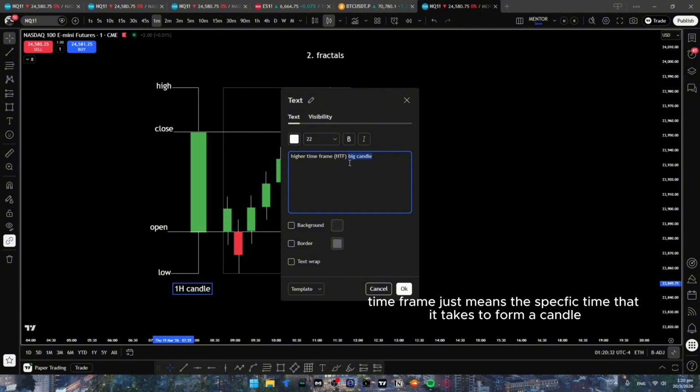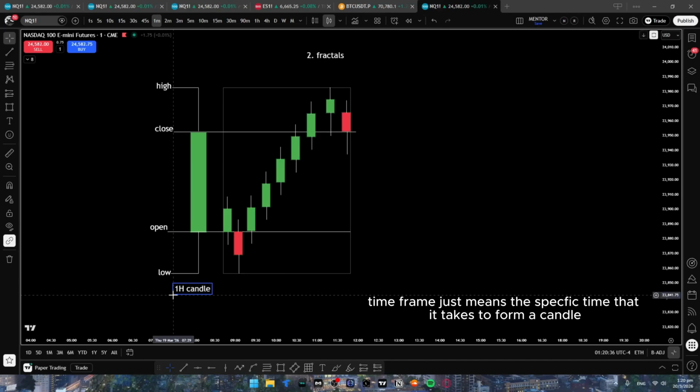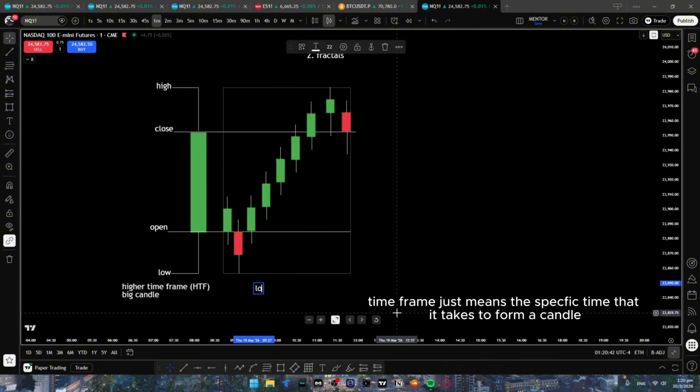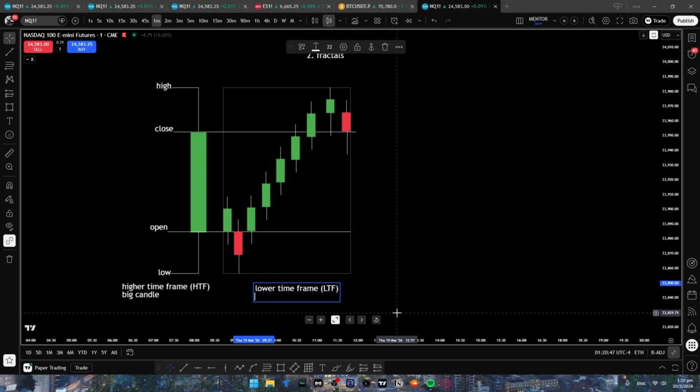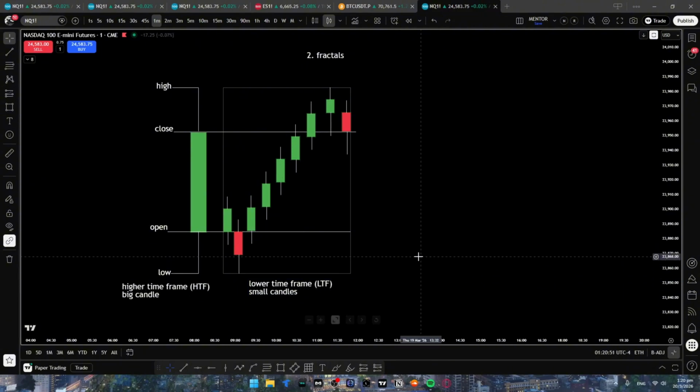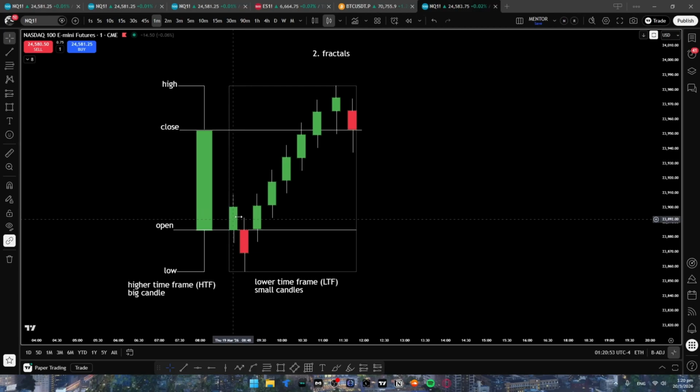If you don't understand higher time frame, just call it a big candle. This is a big candle on the left. And then we have the lower time frame, small candles.